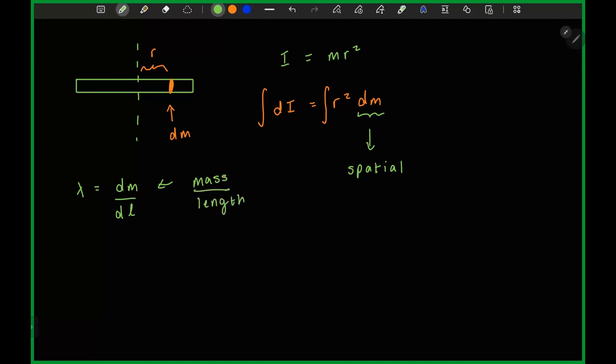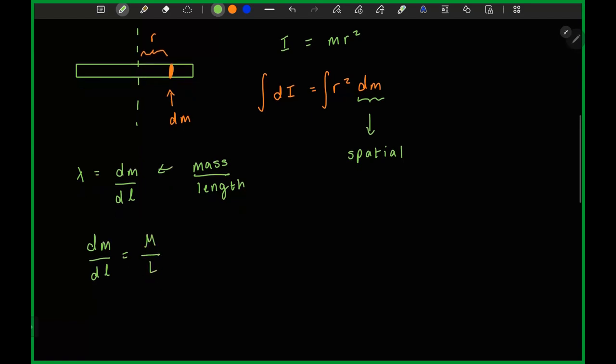What I can now say is this is my definition of lambda, but in this particular case, I happen to know the total mass and the total length. They were given to me. And so for that reason, we can say dm by dl is equal to total mass over total length. With that, I can rewrite my integral. I can say dm is equal to mass over length times dl, simply rewriting our density relationship.